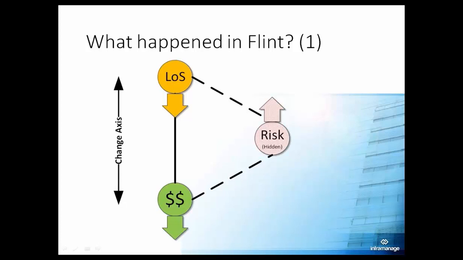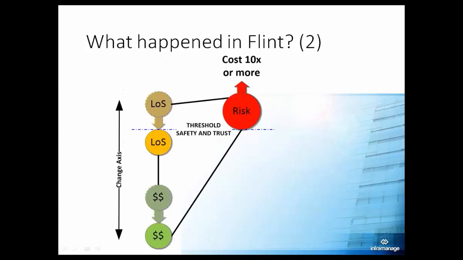And that risk, from an asset management point of view, that was hidden, the problems that we now know about with Flint, started increasing. But nobody could see it because the risk was hidden. It's about the thinking we're doing in New Zealand and a bit wider than that: how do we communicate that hidden risk, and how do we quantify it to the point that, in the case of Flint, an administrator could make some good decisions around that?